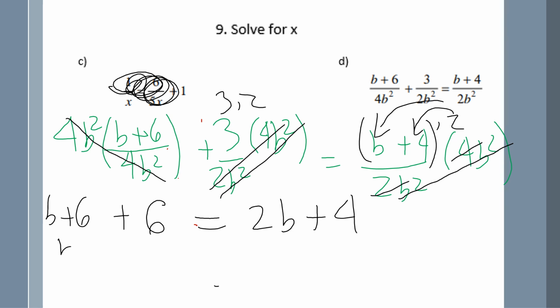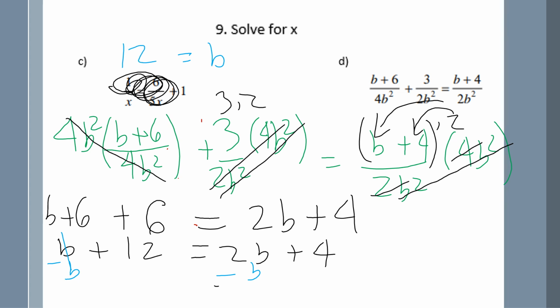So that's b plus 12 equals 2b plus 4. All right. Subtract b, subtract b. So that's going to be 12 equals b plus 4.